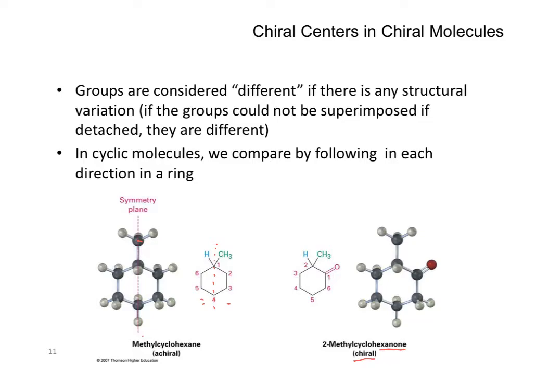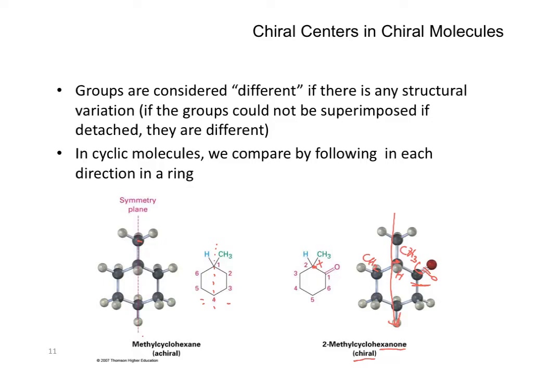On the other hand, if you try to do the same thing over here, one side starts to get the C double bond O, and hence makes the position here, which contains a methyl, a hydrogen, a CH2, and a carbon containing a C double bond O, 4 different groups.